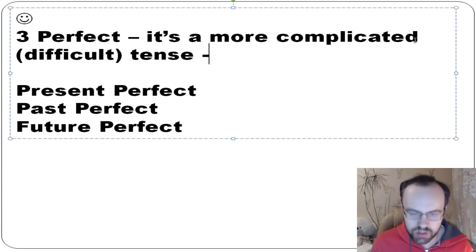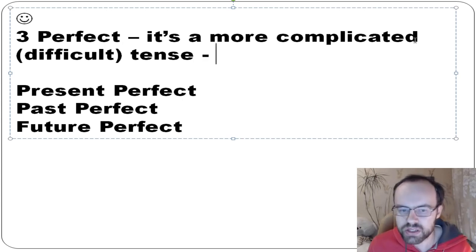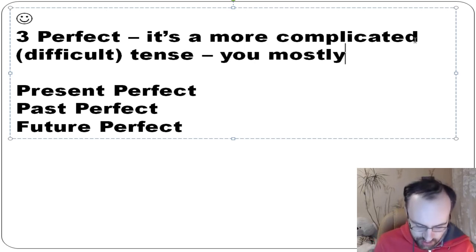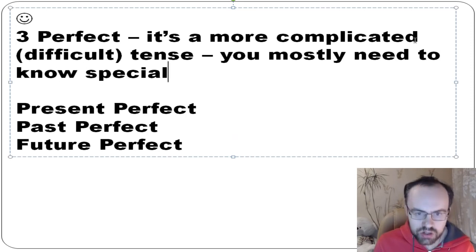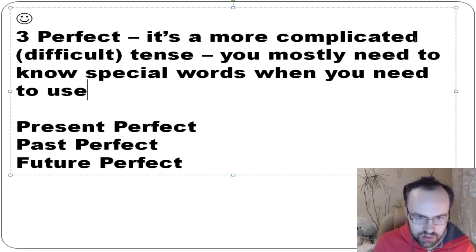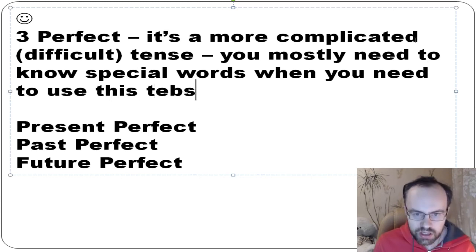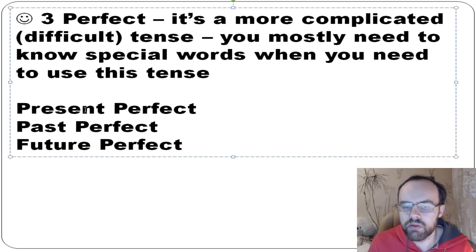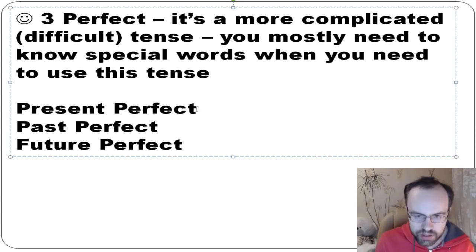And you mostly need to know special words, so when you need to use this tense. So if we look at present perfect, we call it present perfect, and you need to know these words.